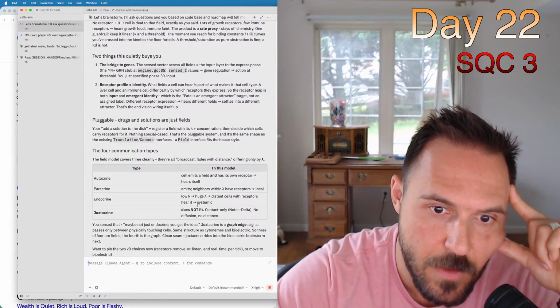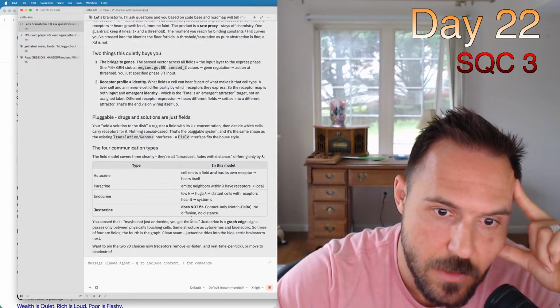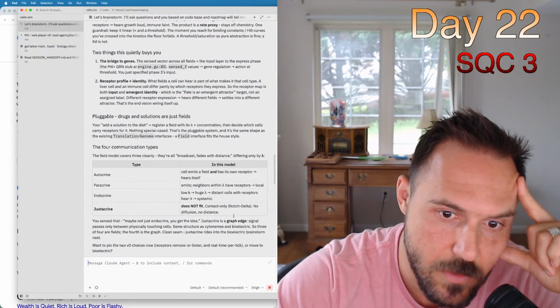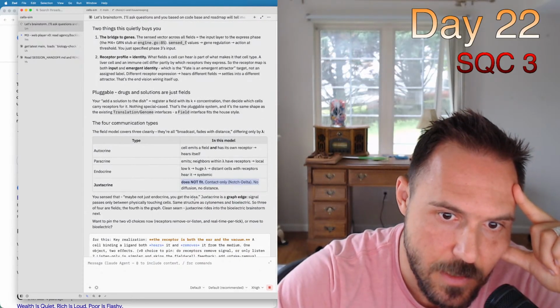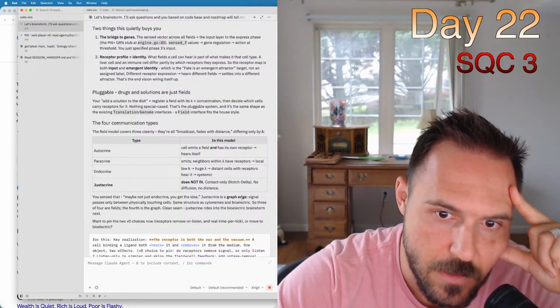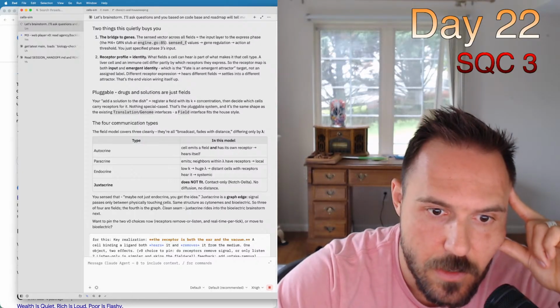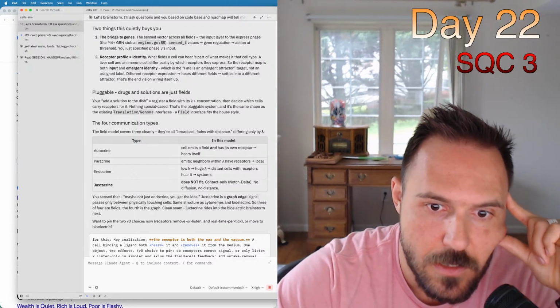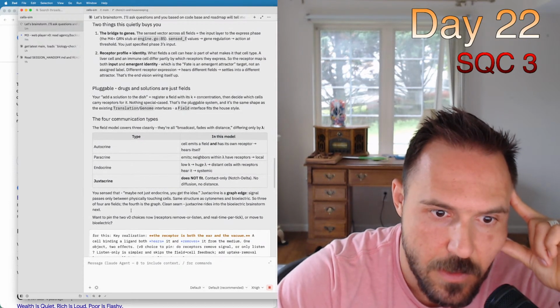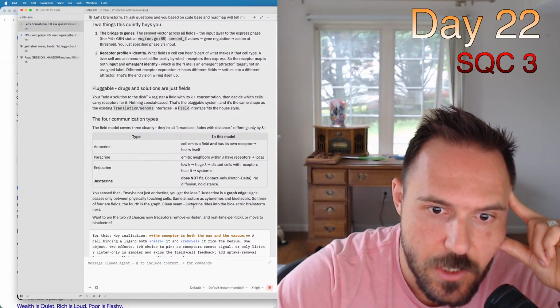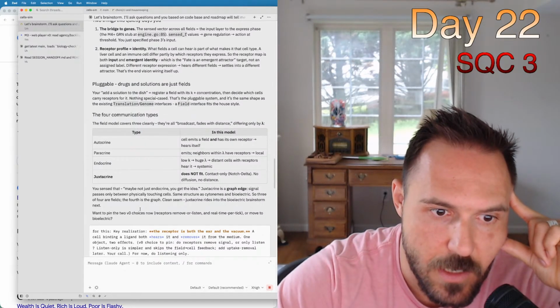Juxtacrine does not fit as a field: contact only, not delta, no diffusion, no distance. Juxtacrine is a graph edge. Signal passes only between physically touching cells, same structure as cytonemes and bioelectric. So three of four are fields. The fourth is a graph. Clean seam, juxtacrine writes on the bioelectric brainstorm next.